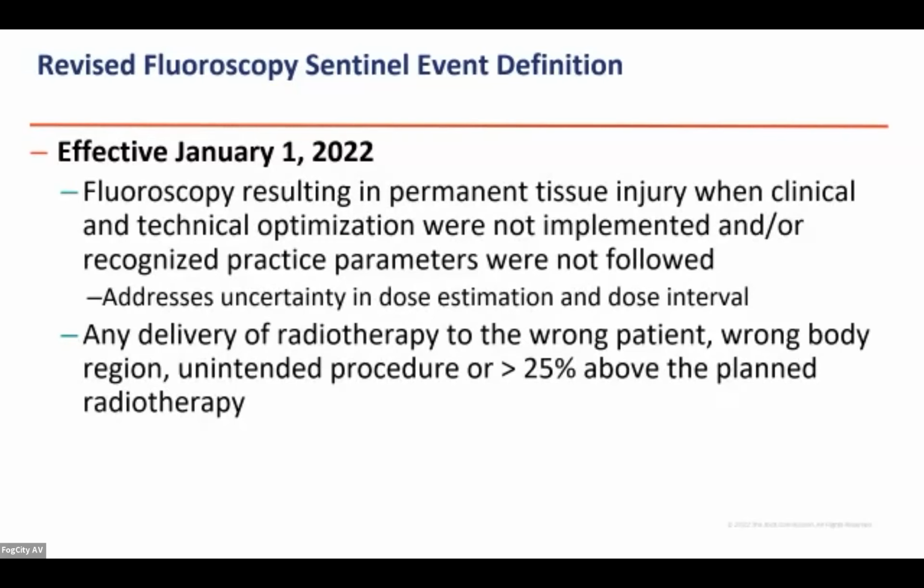It didn't talk about how wide your error bars are when you're trying to determine that dose. So, I think this is a much better definition. And we have one for radiotherapy as well, in terms of whether you are delivering more than 25% above your planned radiation dose. And that's really in line with what most states ask you to report.